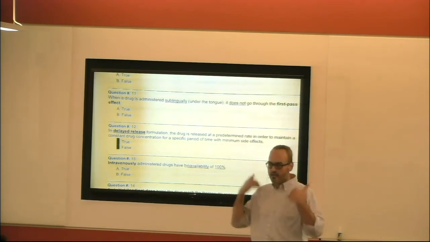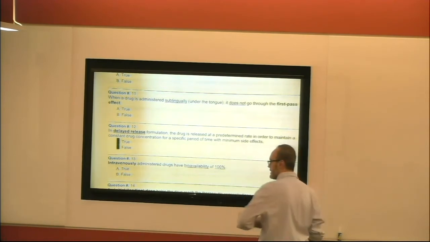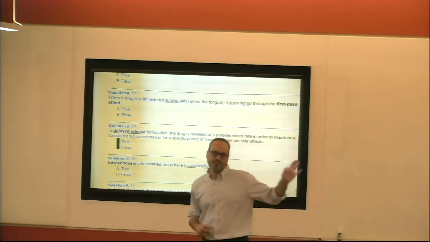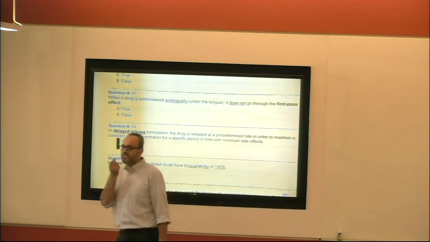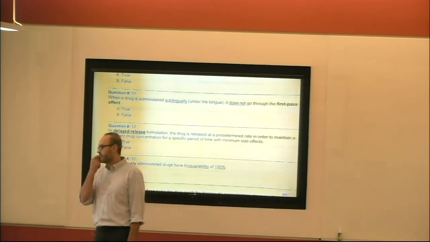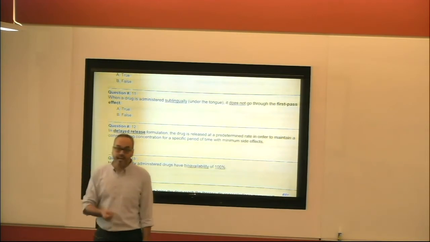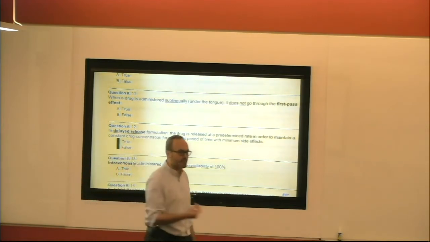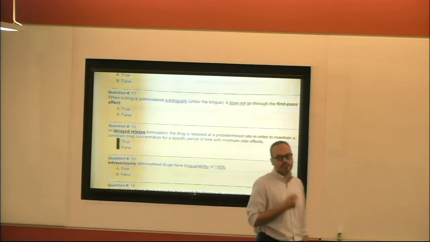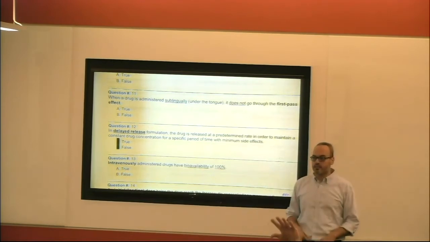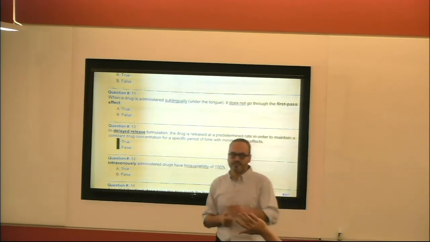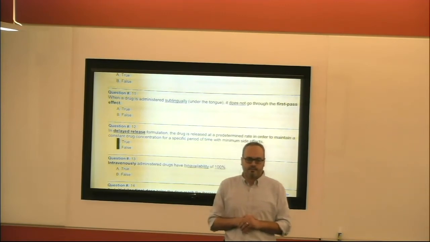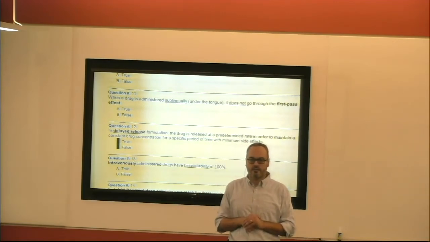The other ones are swallowed and get absorbed from the stomach, and go through the first pass effect. But when we talk about sublingual, like nitroglycerin, it's a small tablet you put under the tongue because you need something to act fast, and you do not want it to go through the liver and get damaged. So it immediately goes and lowers your blood pressure if you have heart problems. Okay. This question's fine with the sublingual.